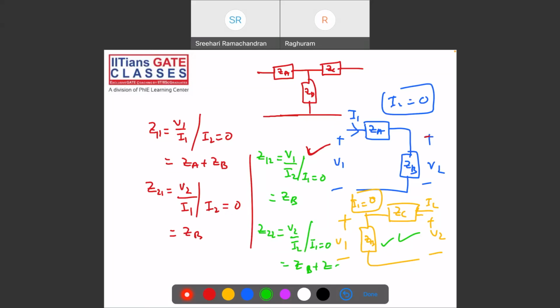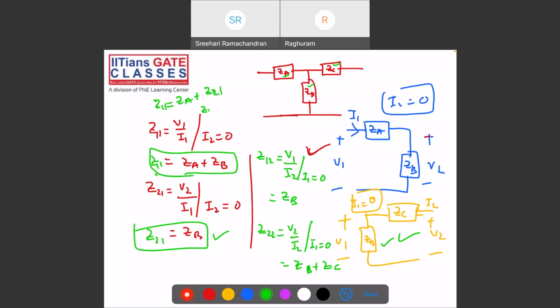Now I have Z11 in terms of ZA and ZB, and Z21 in terms of ZB. Now I have ZA, ZB, and ZC and I want to write them in terms of Z11, Z12, Z22, and Z21. Z11 is equal to ZA plus ZB, and Z12 or Z21 is ZB.